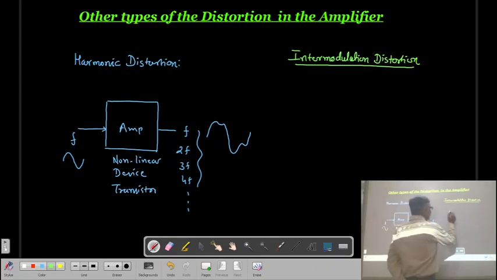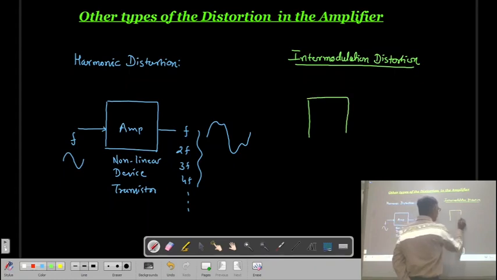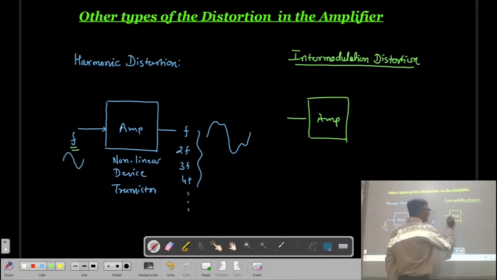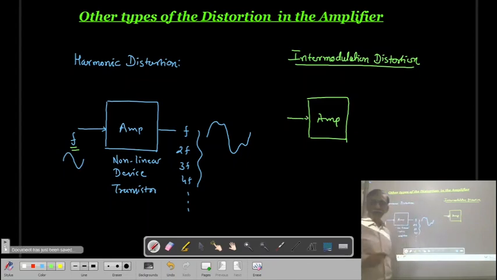Again, here we have an amplifier containing non-linear devices. At the input of the amplifier, instead of applying a single frequency like f, we apply a complex signal which contains a number of frequencies.